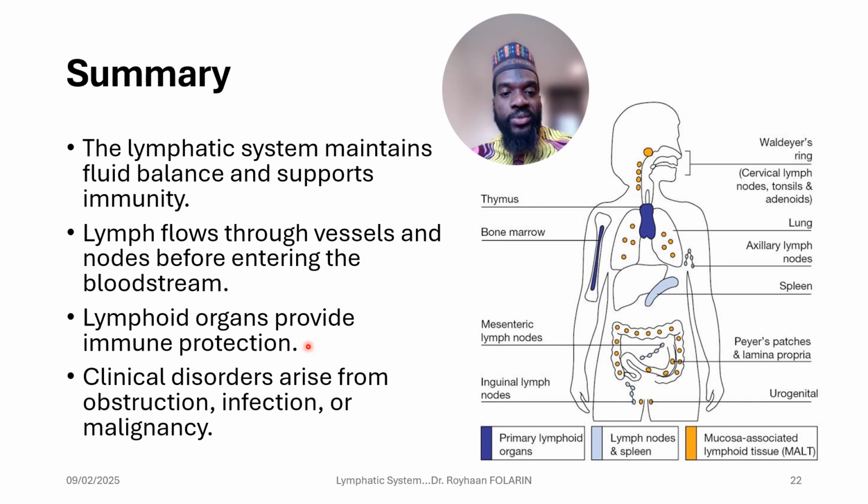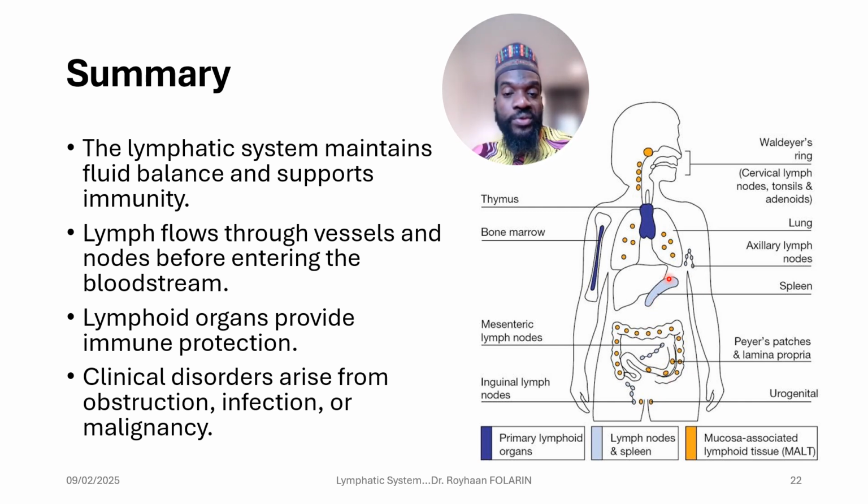We've understood the different lymph organs: the primary lymphoid organs, the secondary lymphoid organs, and if you wish, the tertiary lymphoid organs, which would be referring to the lymph itself and the other lymph vessels, right?